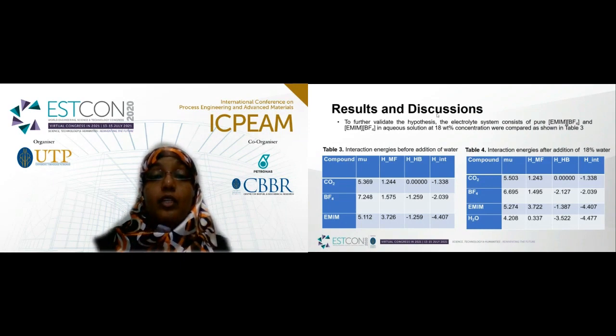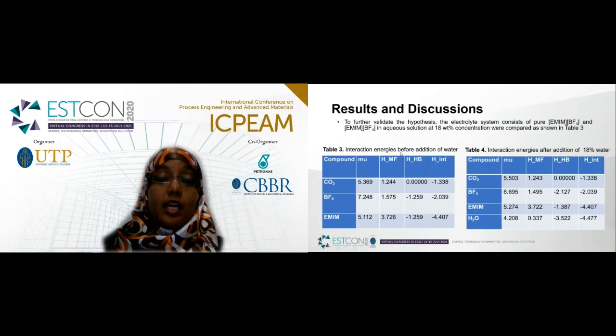He reported that the addition of water enhances the catalytic performance. So we study the hydrogen bond interaction and other misfit interaction to see the effect of addition of water. We realize that as the addition of water increases, the hydrogen bond interaction energy increases.